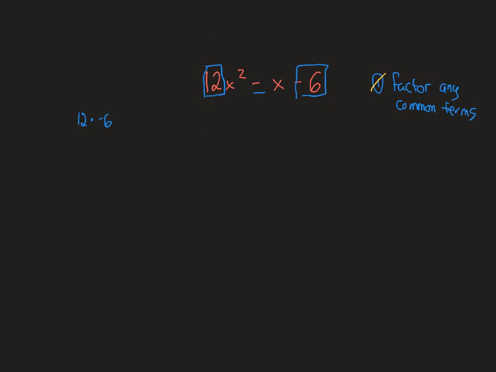Now, just a brief reminder, remember every quadratic formula is in the form of ax squared plus bx plus c. So our second step is to take the a and multiply it with the c, which in this case is going to be -72.